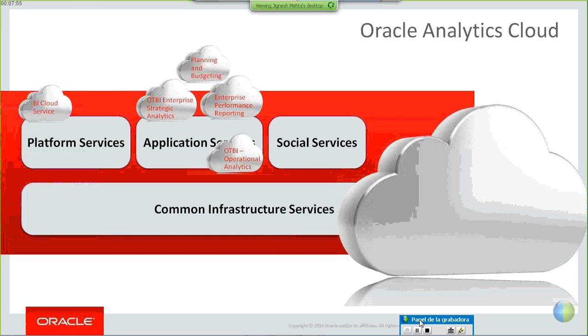On the platform side, we talked about BI Cloud Service as a core fundamental platform, so obviously you are more familiar with it now. Same with Data Visualization, another service. It's also available as a part of your BI, but it can be leveraged independently as well. I highlighted Big Data Discovery, which is very specific to a Hadoop environment, right?